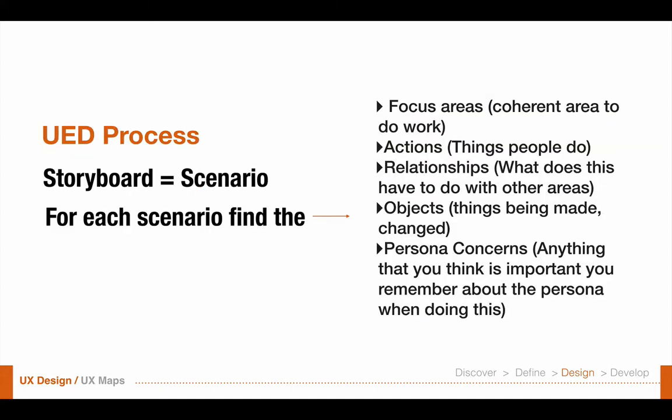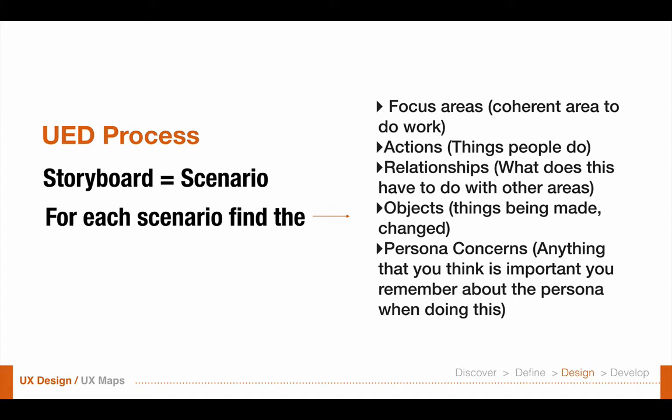So if you want to develop a UED process, basically follow these several steps. The storyboard is basically the scenario that we have developed through week 6. And through each scenario that you have developed, try to find the different focus areas, which are coherent areas to do the work.